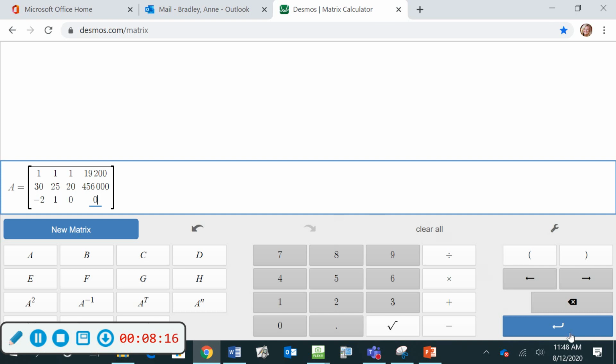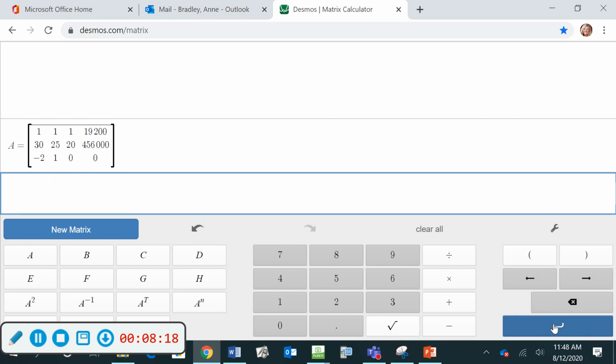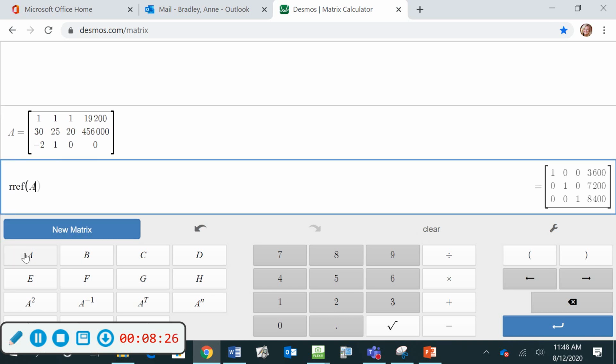Then I come down to the very bottom here, I press enter. I've programmed in matrix A. Right here over the top you can't see it, but over here we have an RREF. Again, this is matrix A. Now what does this mean? So I'm going to write down these numbers. I'm writing down 3,600, 7,200, and 8,400. Remember, on the very far side here, this represents the first variable in my first line.